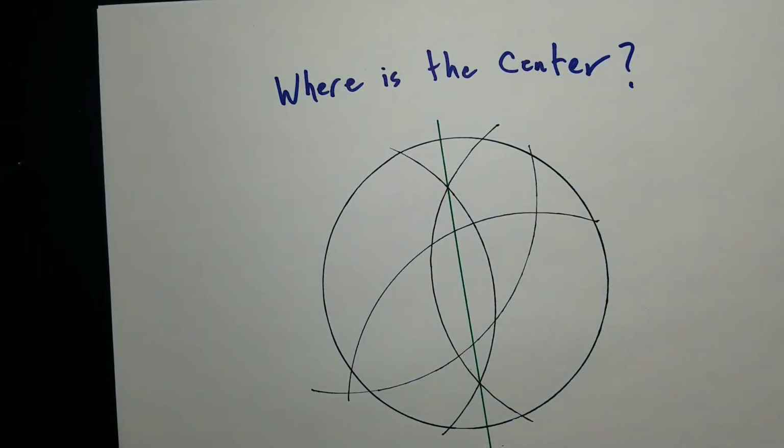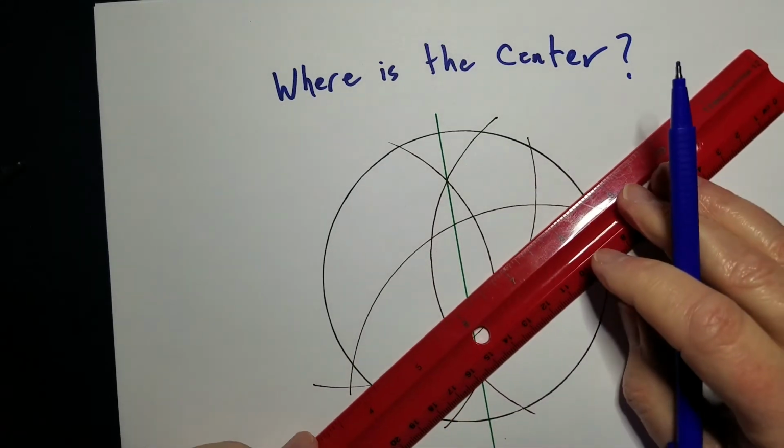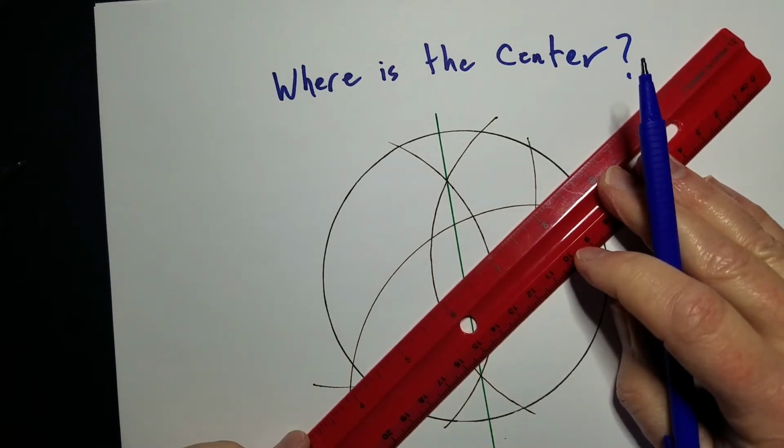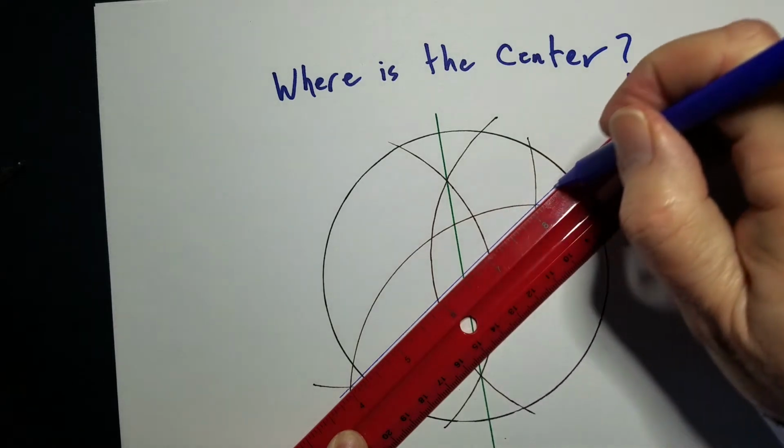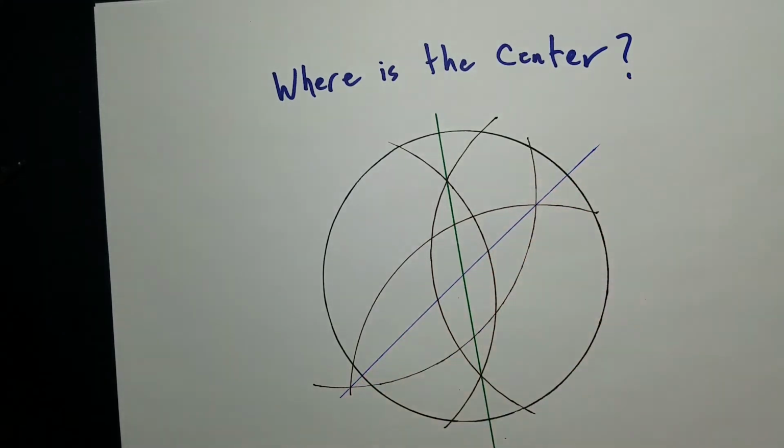And I want to connect those two spots with a line. And where those two lines cross, that should be the center of the circle.